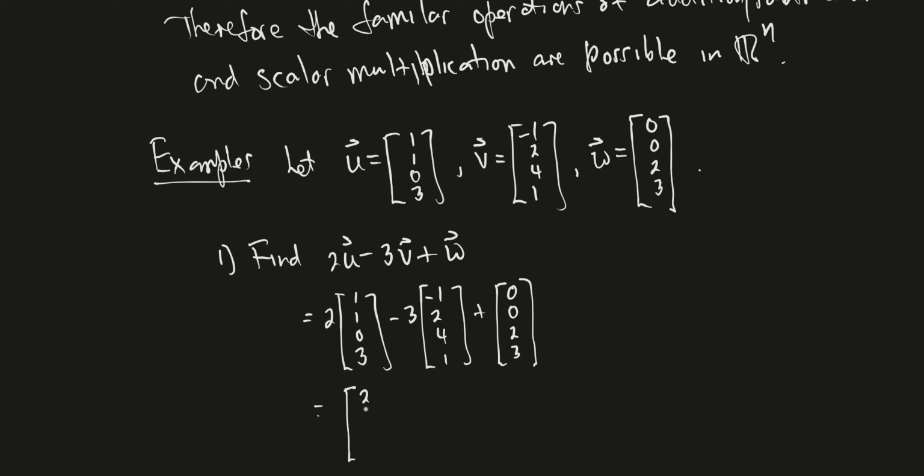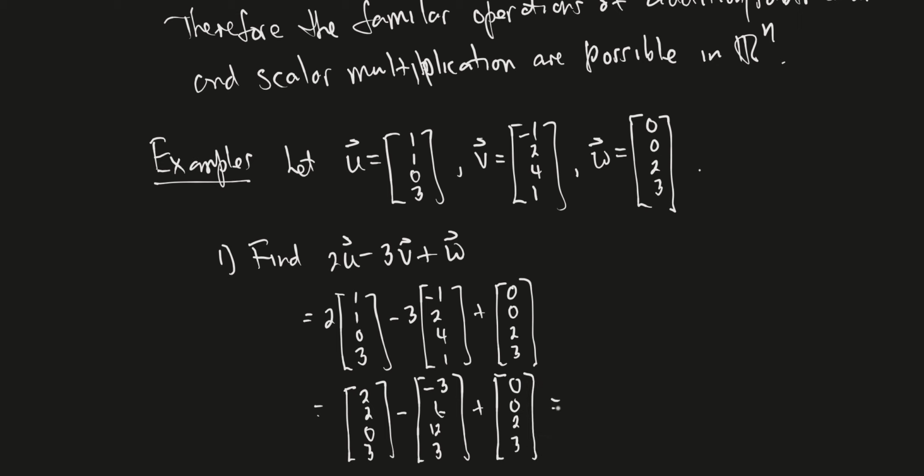So let's double u, and we'll get 2, 2, 0, 6. And I'll keep the minus and just distribute the 3. So that becomes negative 3, 6, 12, 3. And then I have my third vector there. w stays the same, 0, 0, 2, 3. And then we add and subtract the corresponding components.